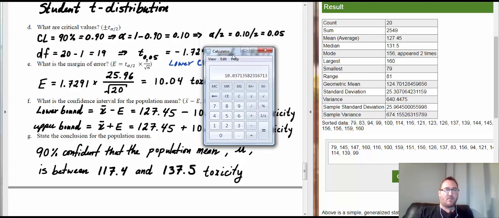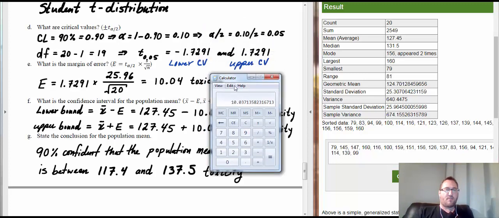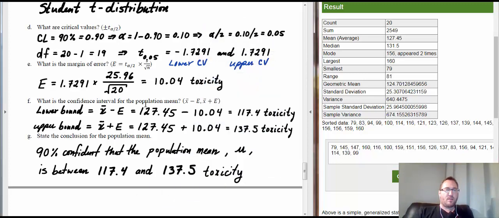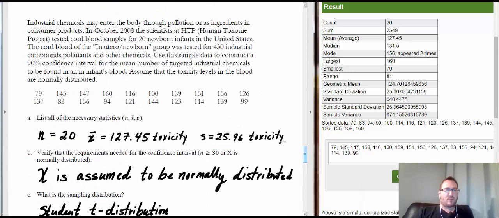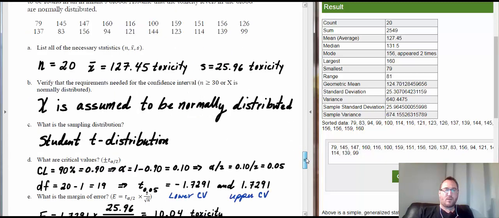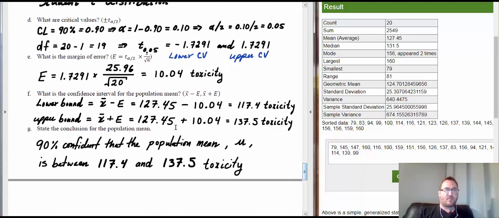Okay, now taking that number, that's your margin of error, you want to subtract that from the point estimate. This is the middle value here, the sample mean. So the sample mean is the point estimate because we want to estimate a population mean. So take your point estimate, subtract the margin of error, add the margin of error, and you get the two levels there for toxicity.